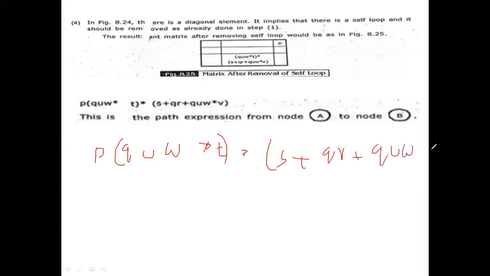So this is P into Q U W asterisk T asterisk S plus QR plus Q U W into V. So this is the resultant expression. So this is the path expression from node A to node B.